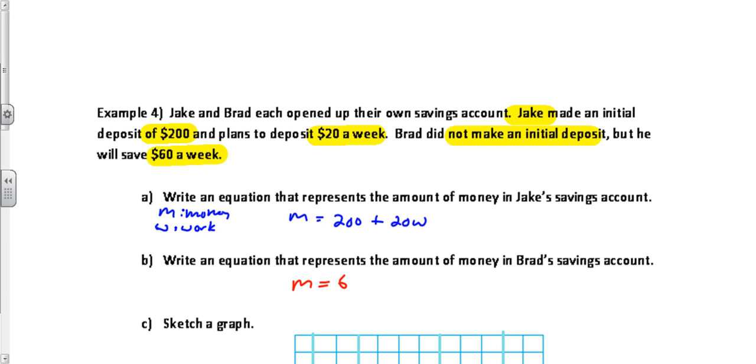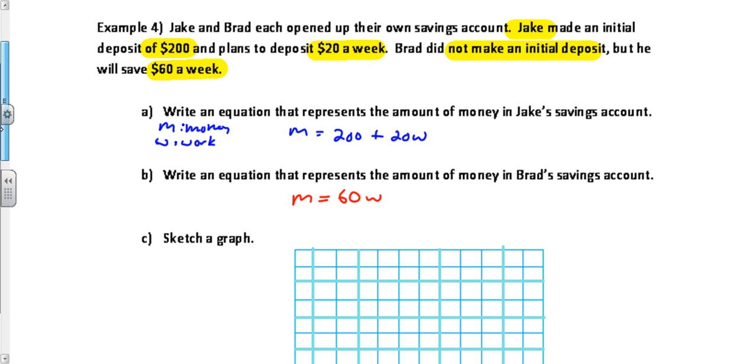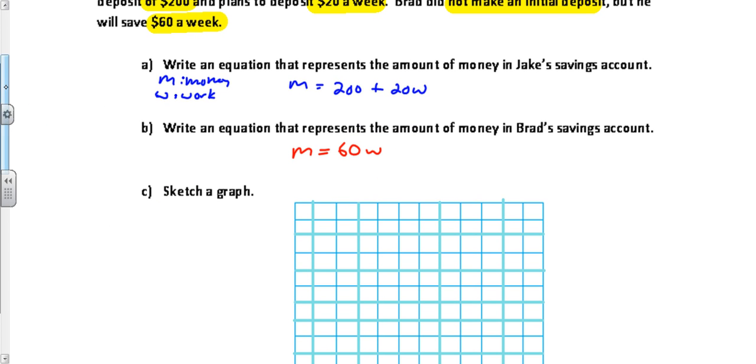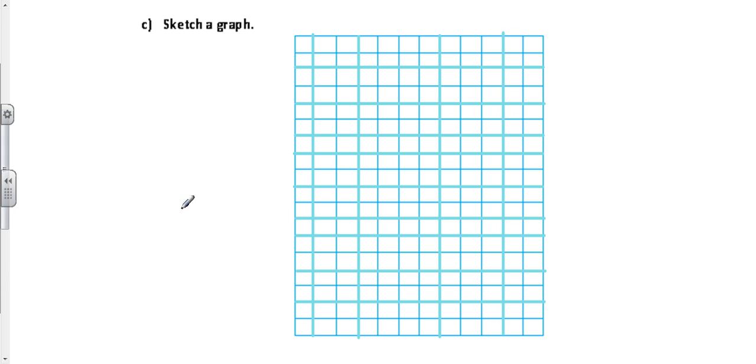He does not put any money in besides $60 a week. So let's sketch these two. Now you have to be clear about this. We'll put money on the left and we'll put weeks, in other words M, and weeks W on the bottom.